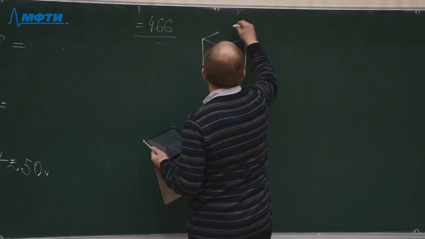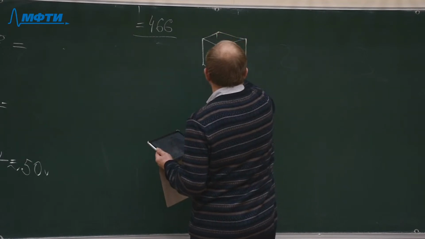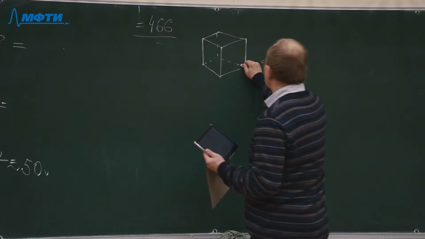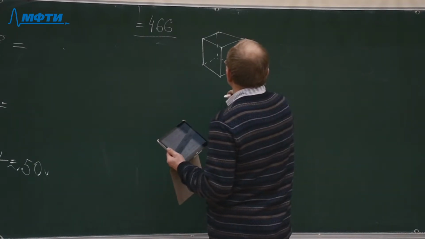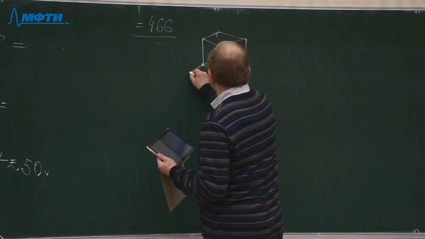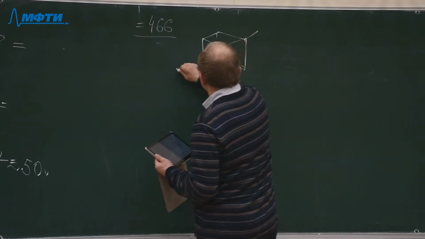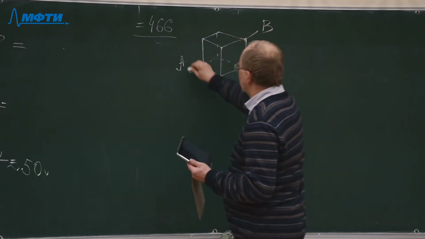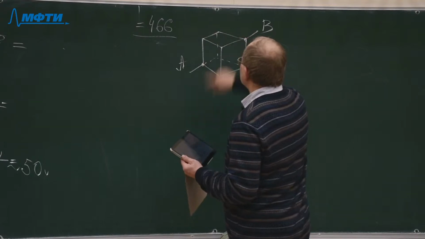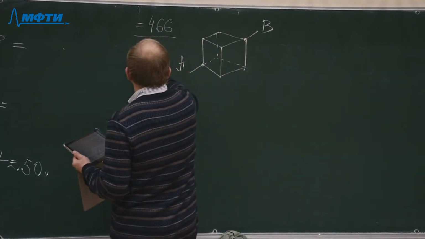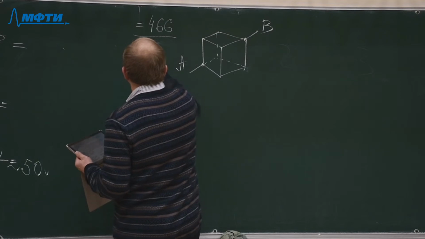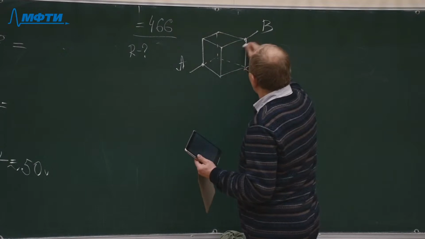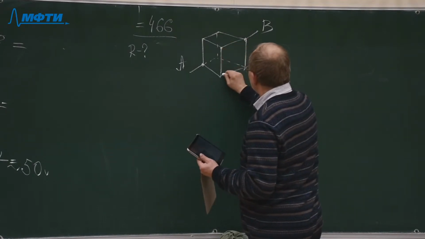Well, let me draw a cube. Does it look like a cube? Approximately so. And we connect the cube to the terminals A and B, to the external circuit. And we need to calculate the total resistance of this cube if each wire section has a given resistance.